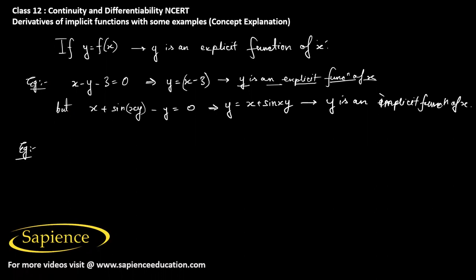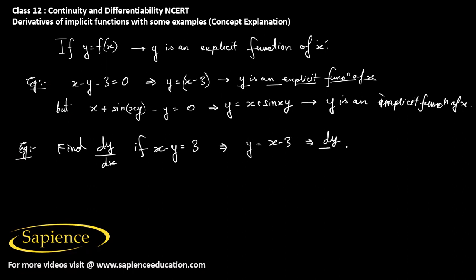Now, how to find the derivative of y with respect to x when y is an implicit function of x? Suppose it is asked to find dy by dx if x minus y equals 3. Then y can be written as a function of x: y equals x minus 3.